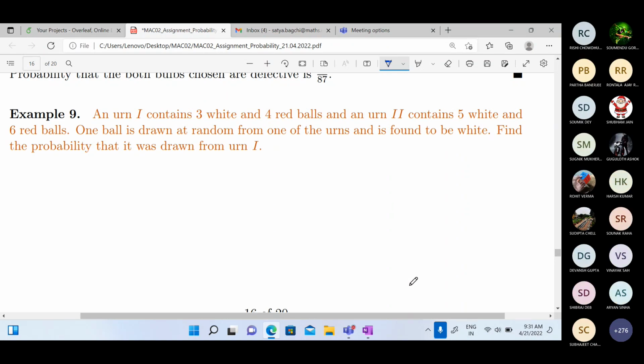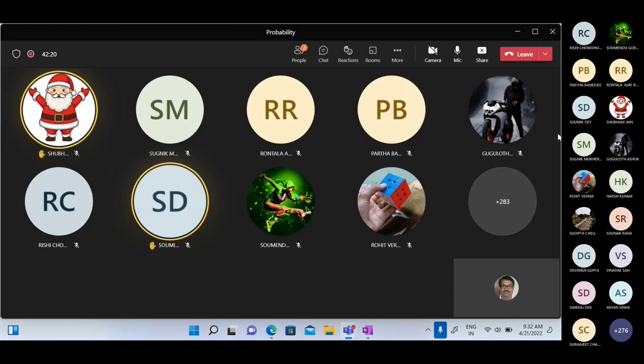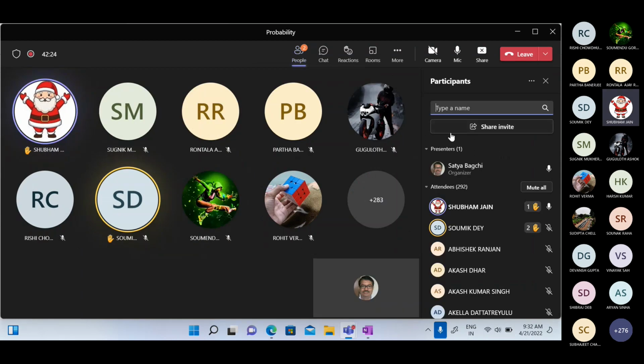I hope you all received this assignment. You may see it in this chat box, in MS Teams. I have sent this PDF, you may collect it. And I'm taking the attendance also parallelly. How many students are here with us? Sir, 33 by 68. Wait, I'll see. 291 total attendance till now.